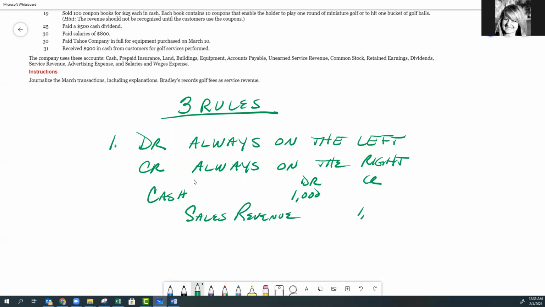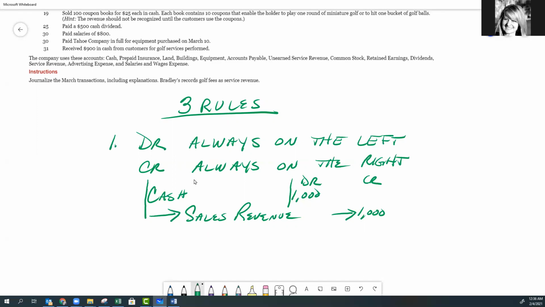I'm just giving you an example: the account that we're debiting starts here on the left, and so does the amount. The credit is indented to the right, and so is the amount. So debits are always on the left, and credits are always on the right.